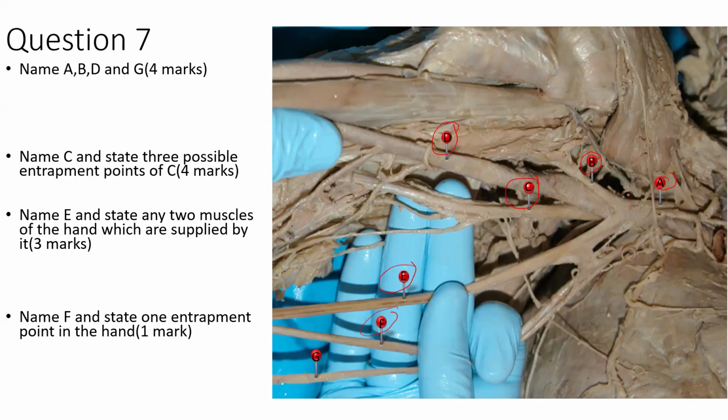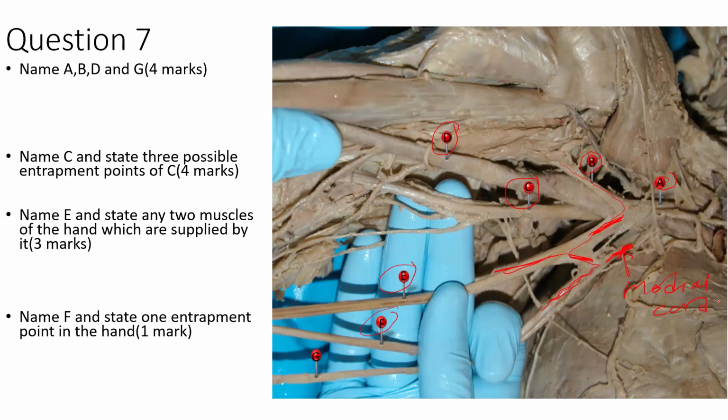So musculocutaneous, lateral root, medial root of median nerve, then ulnar nerve, then this here is your medial cord.